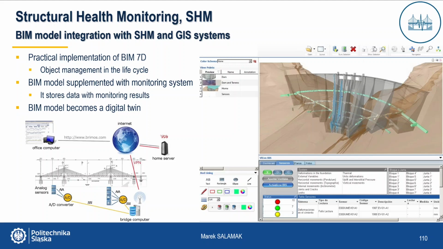Additionally, equipped with elements of the SHM model with access to databases with recorded monitoring results and supplemented with analytical tools, it will serve almost as a digital twin of the actual structure.